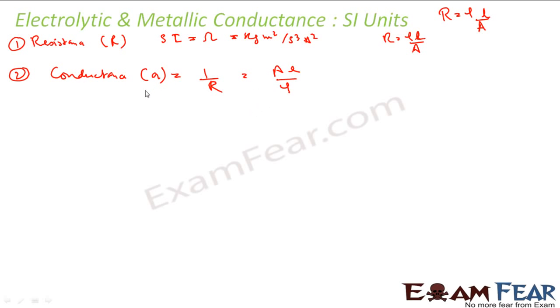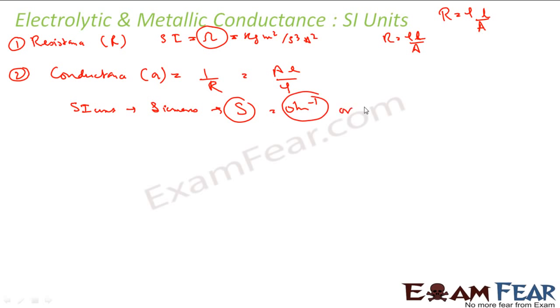So SI unit for this is Siemens, denoted by S. Here we have ohms, here we have Siemens, right? This Siemens is nothing but per ohm, also called mho, right? This is what it is, because conductance is nothing but 1 by resistance.